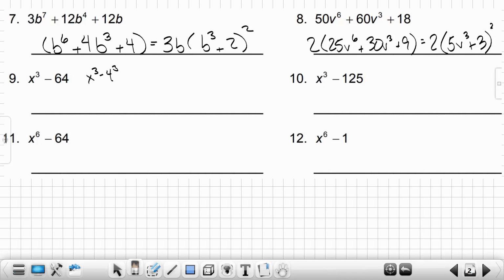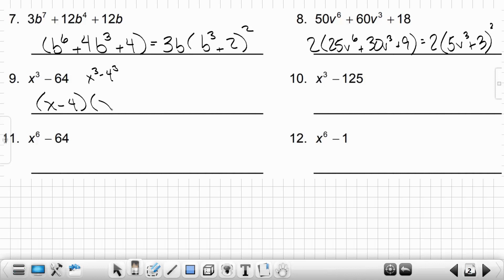Now I'm going to apply the difference of cubes formula, which says A. What's A? Michael? I said it a second ago. That's B. So A is x. So my difference of cubes formula says A, which is x, minus B, which is 4, times A squared. What would be A squared?